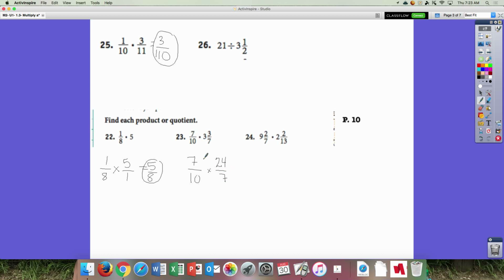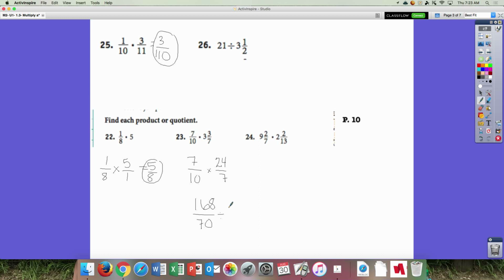So what is 7 times 24? And again, I know that's a big number. Grab your calculator. That's perfectly fine. Okay, so that's 168 over what's 10 times 7? 70. Good. This one I think can be reduced because they're both even, so I can at least divide by what? 2. Good.